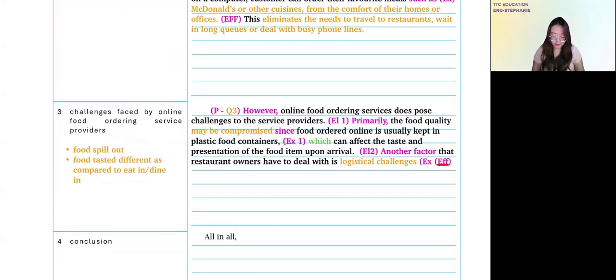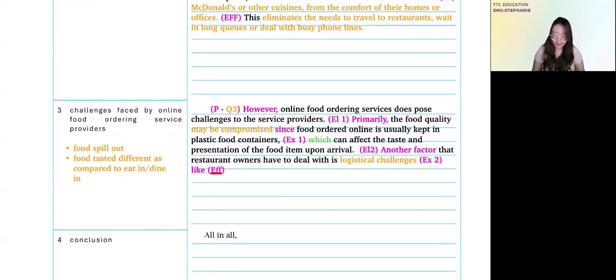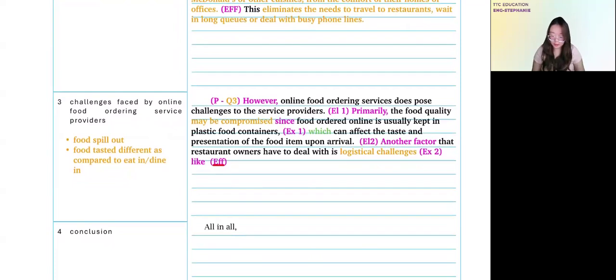We give the example number 2 here. Use the word such as or like. Just now we already used such as, we use like here. So like traffic congestion, inclement weather. So that means unforeseen extreme weather or sudden change of weather.